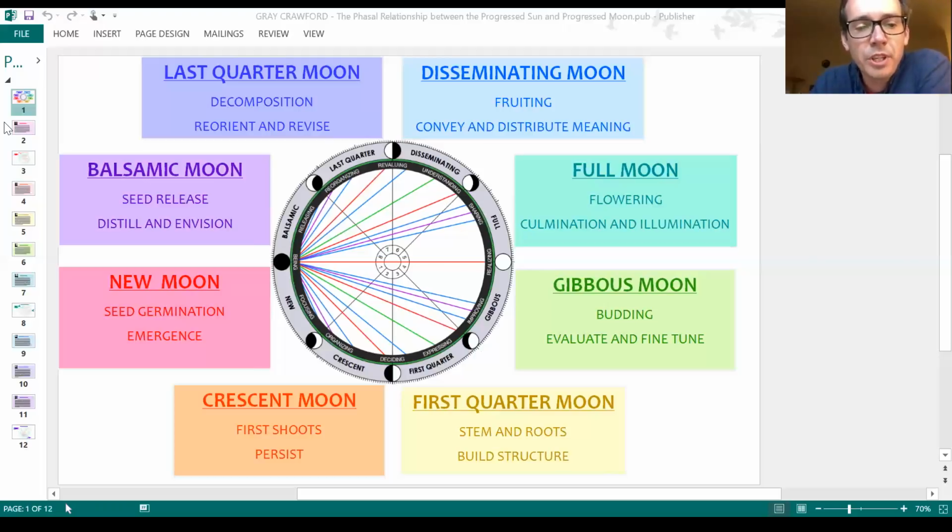And what Rudhyar uses is the symbol of the seed germinating. So it's a flowering plant, fruiting plant sort of metaphor, where you begin in the new moon with a seed germinating. And as you're waxing across towards the full moon, as you get closer to that full moon with the gibbous moon, it's budding.